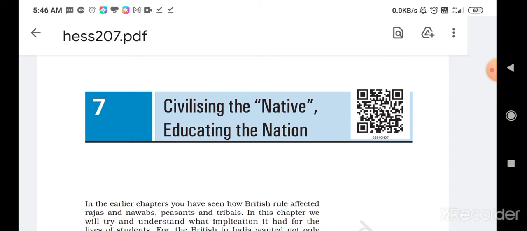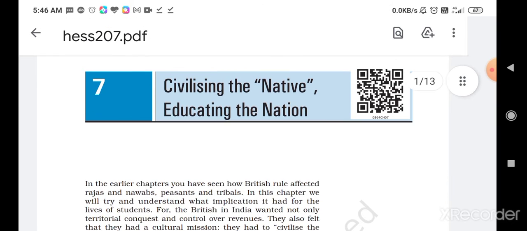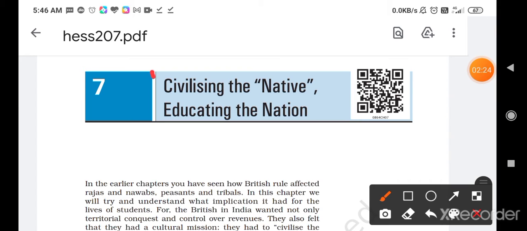Okay, let's begin now. In this chapter we are going to study about civilizing the natives, and what the motto of the Britishers was. It tells us that the Britishers did not just want a territorial conquest. Territorial means to conquer some territory. They didn't want just that. They also had a cultural mission, which was named civilizing the natives, and educating the nation.